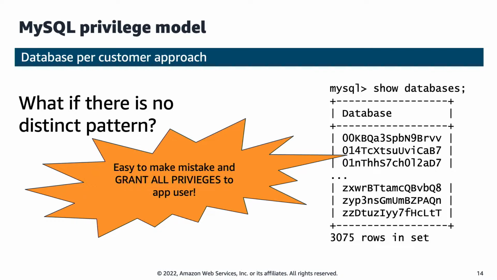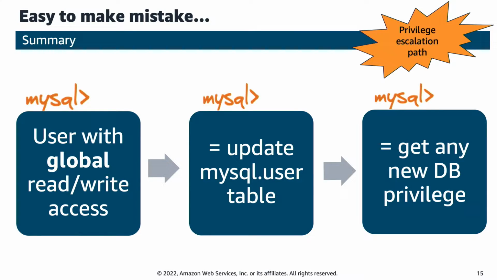And in this particular case, it's very easy to make this mistake. It's very easy to just create a user and grant all the privileges. But that will introduce the privilege escalation path. So again, the user with a global read-write access also has the ability to update the MySQL user table in the mysql database and get the new privilege.